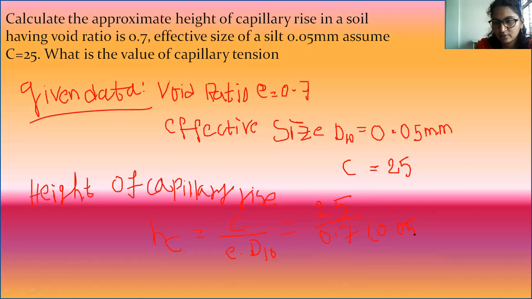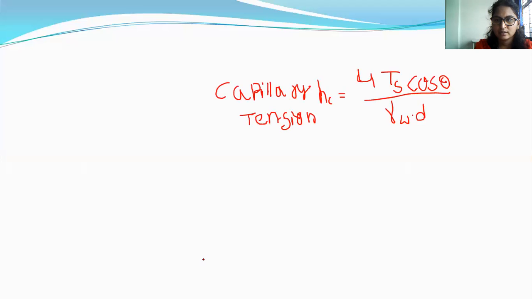So what is the value of h suffix c? h suffix c is equal to 0.67 meters. So here h c is equal to C by e into D10. All values are given in our problem, so we directly substitute them in the height of capillary rise.